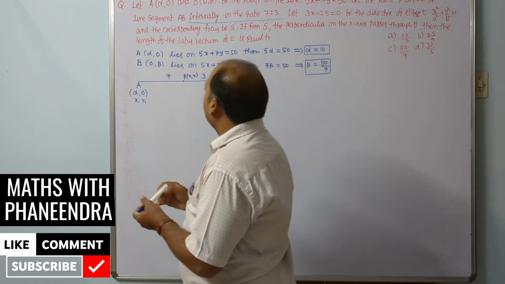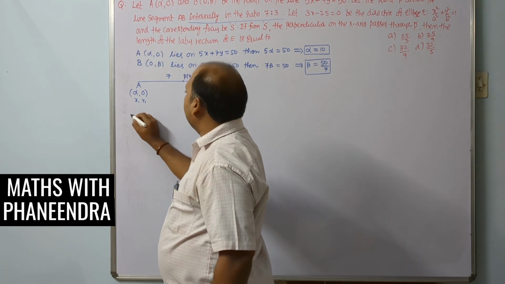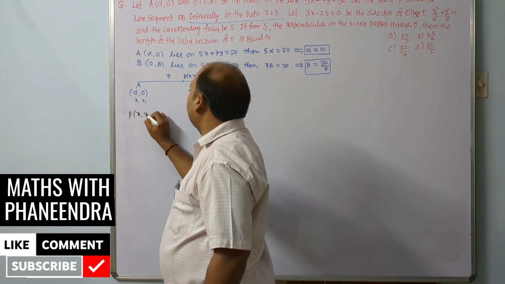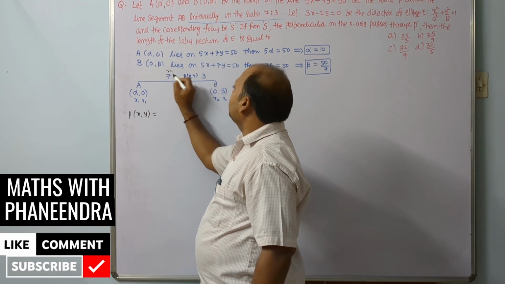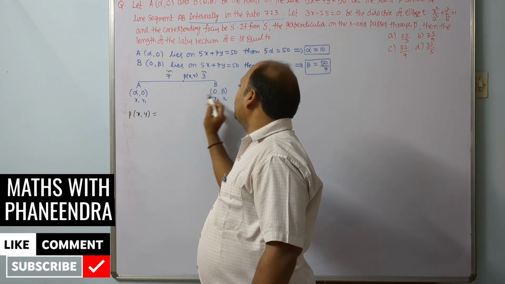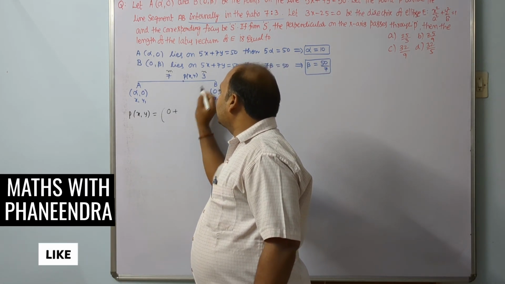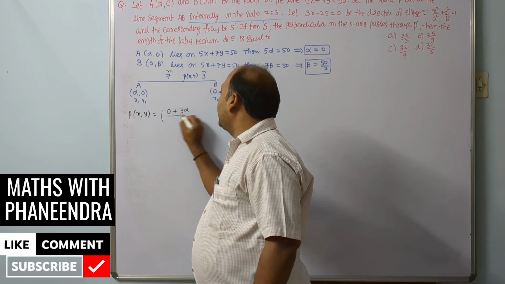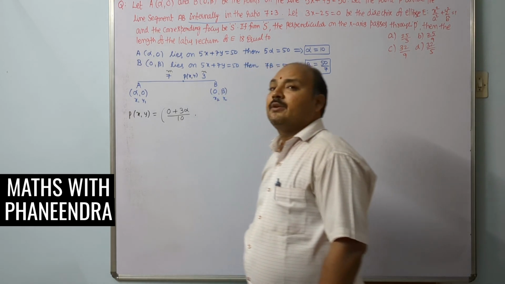So P(x, y) equal to, this is m, this is n, using the internal division formula, (7 into 0 plus 3 into alpha) divided by 7 plus 3.